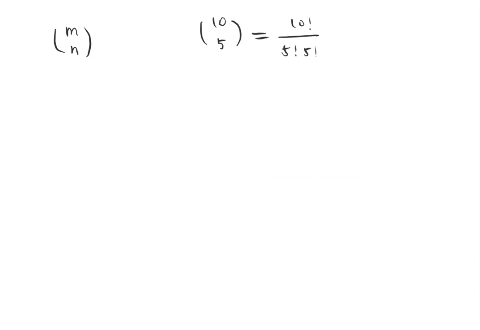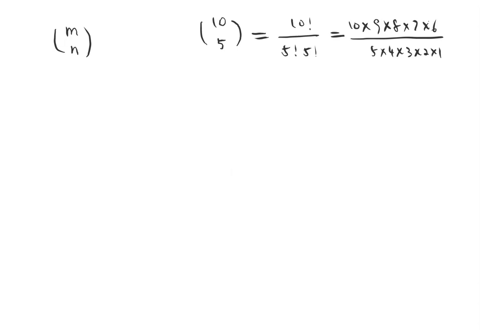It looks very tedious if we do things like this. Without a calculator, you really don't want to compute things like this. It's too easy to make a mistake because there are many multiplications.